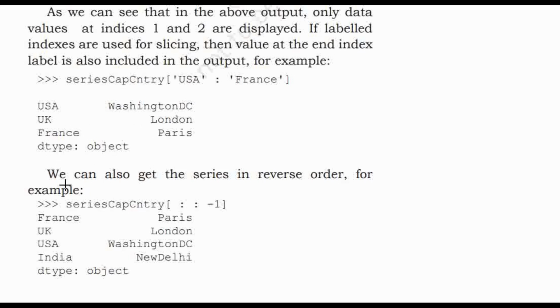Dtype object. We can also get the series in reverse order. For example, series cap country ::-1, France, Paris, UK, London, USA, Washington DC, India, New Delhi. Dtype object.